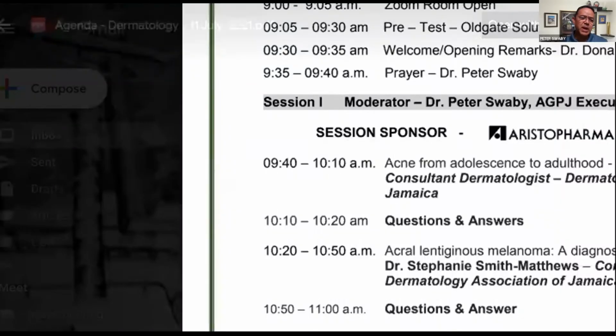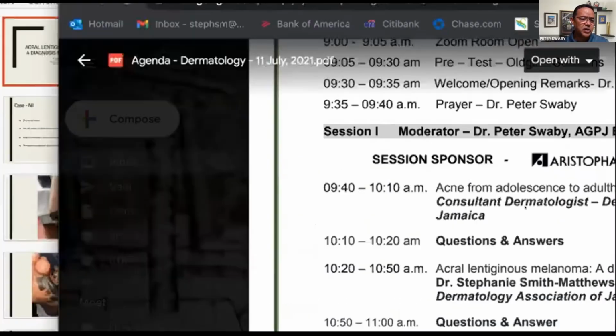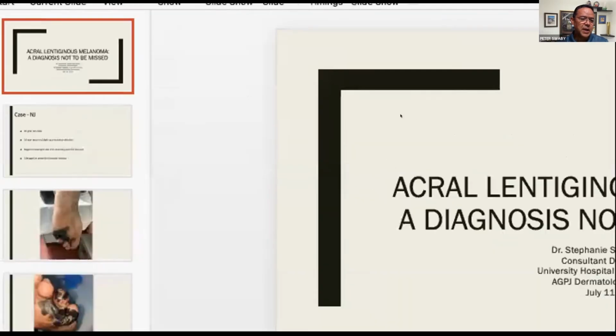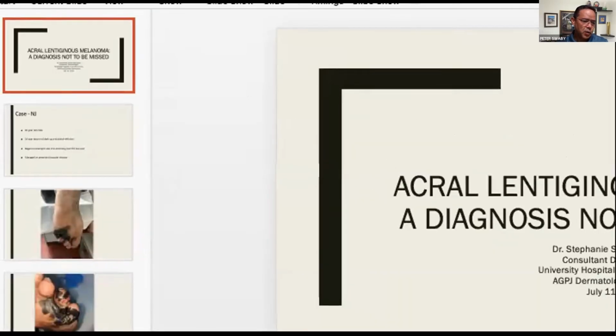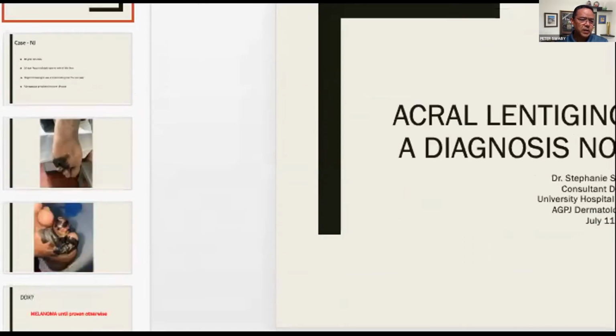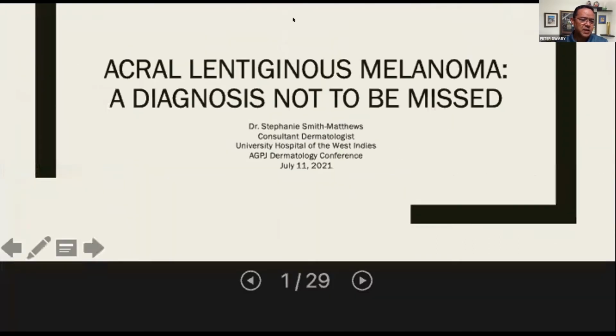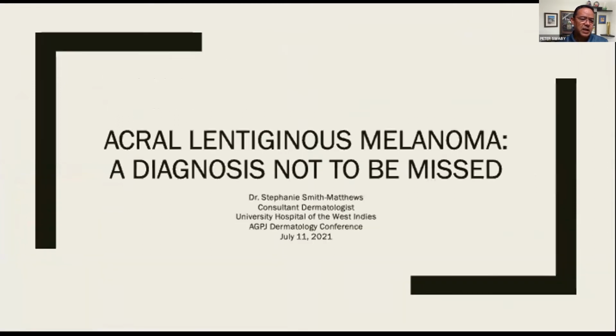Dr. Smith Matthews has a BSc in biology from Bay Path College in Massachusetts and an MBBS from UWI. She went on to receive her master's in dermatology at the Boston University School of Medicine and further subspecialized in cutaneous cancers.